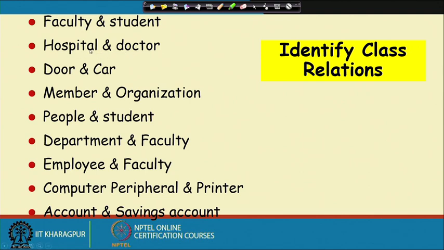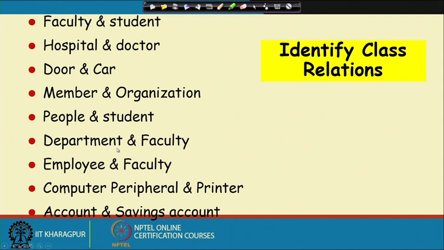A hospital employs many doctors, a doctor is employed by a hospital. A door and a car: a door is attached to one car, a car has 4 doors. A member and an organization: a member belongs to one organization, an organization has many members.